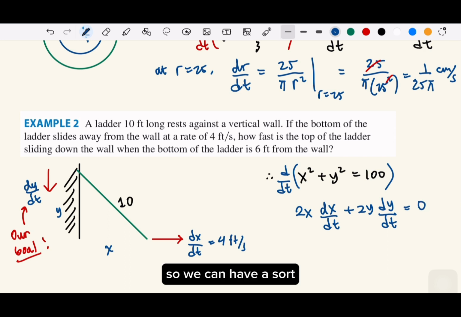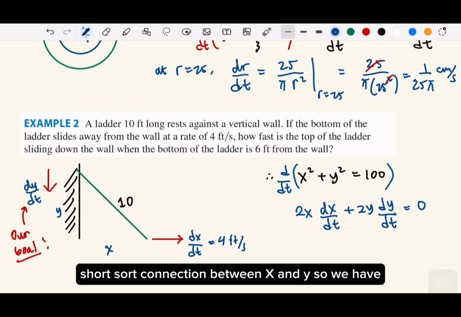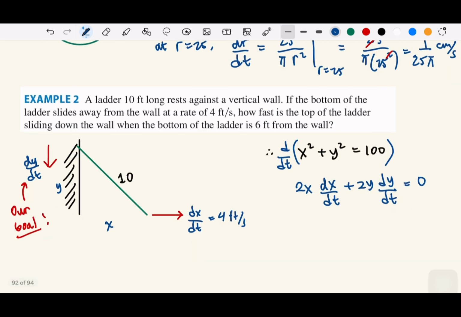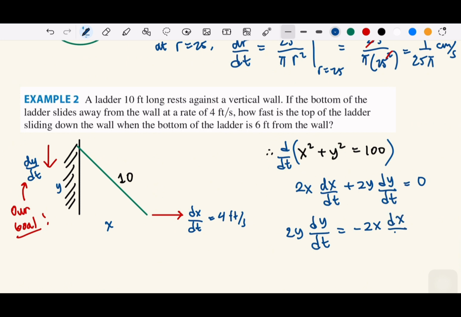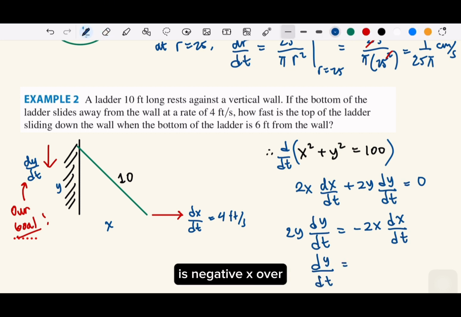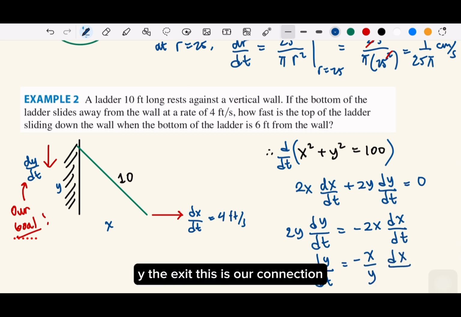So we can have a short connection between x and y. So dy dt is equal to negative 2x dx dt over 2y, so dy dt is negative x over y dx dt. This is our connection.